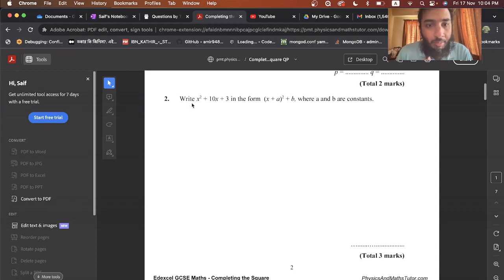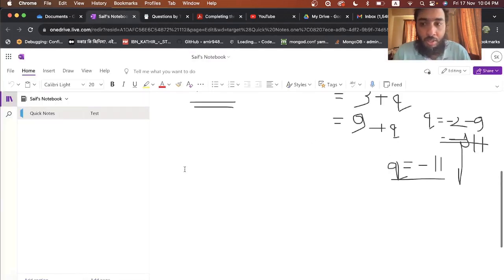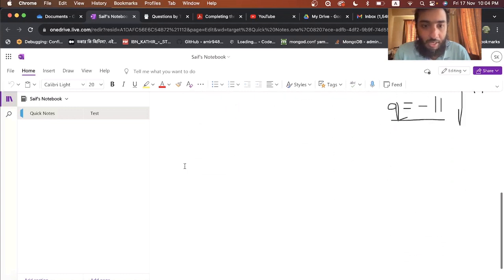If I look at number 2, it says write the expression x square plus 10x plus 3 in the form x plus a whole square plus b, where a and b are constants and x is the variable. Okay, so if I go to the OneNote, this is where I left the last time.